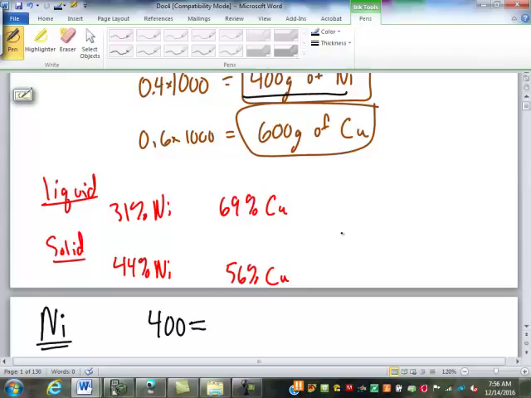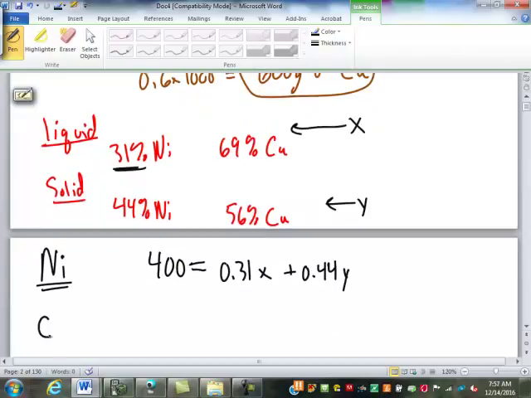So we're going to let X be the amount of liquid, Y be the amount of solid. 31% of the liquid is nickel, so that's 0.31 times X. 44% of the solid is nickel, so that's 0.44 times Y. The total amount of nickel can't change. We still have to have 400 grams of nickel.